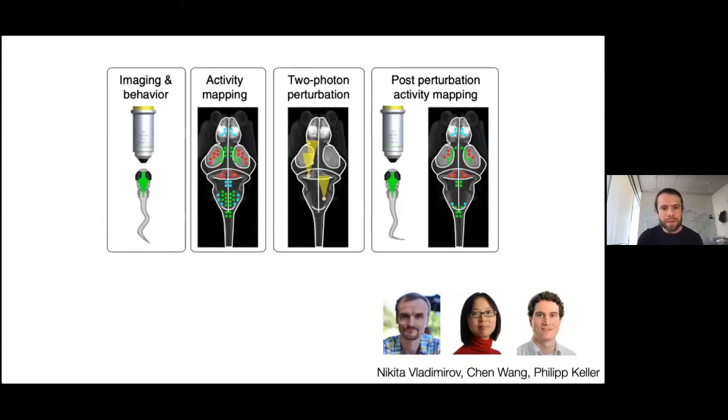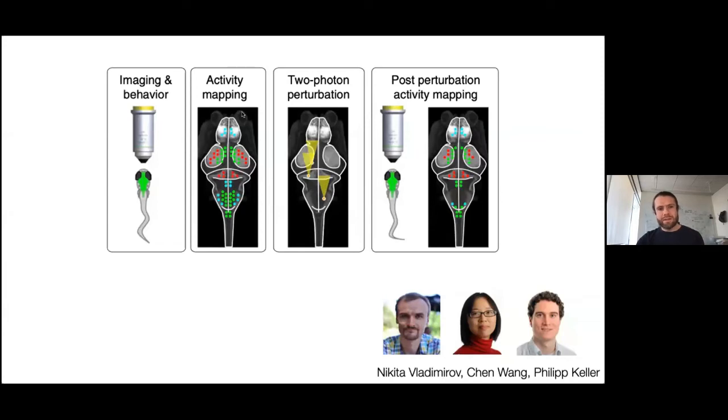So the idea of this part of the work in the lab was to first record from the brain and record behavior, and then map activity using any of the methods that I just described, and create models for how these systems are interacting, and then perturb them in the same fish in the same experiment, for example, through 2-photon optogenetic activation or through 2-photon ablation of individual neurons.